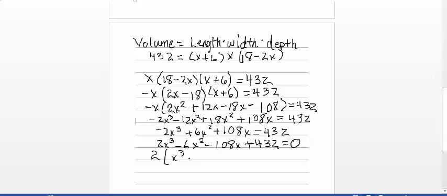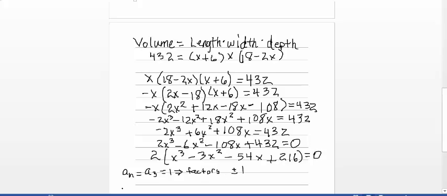So this becomes 2x cubed minus 6x squared minus 108x plus 432 equals 0. And we see there's a common factor of 2. Let's factor that out. And 2 is multiplied by x cubed minus 3x squared minus 54x plus 216. So our leading coefficient is a 1.